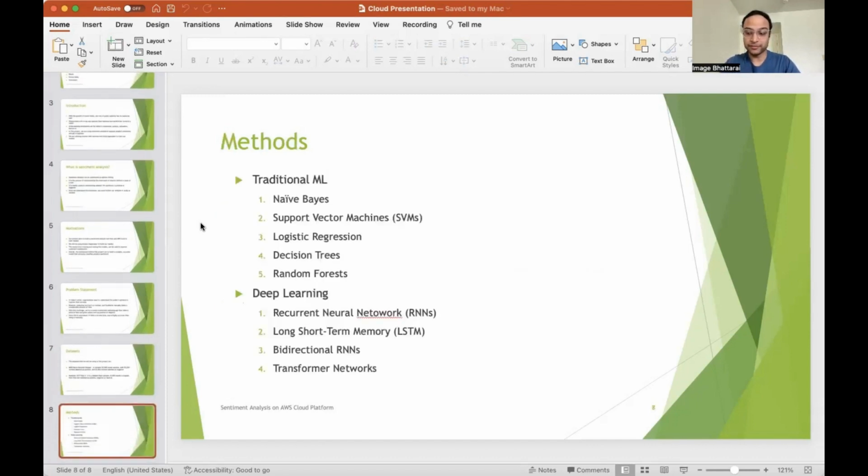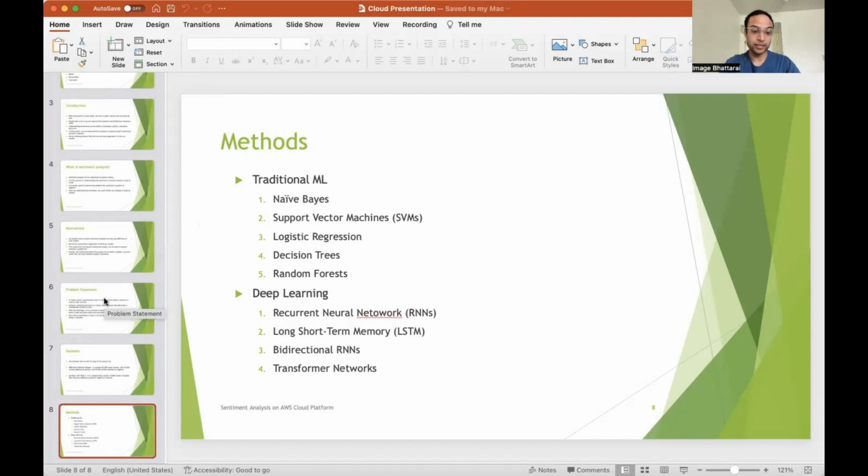The methods that we have used in this project, we have essentially used two models, like two methods. First, we have used the traditional machine learning model, and second, we have used the deep learning model. For the traditional machine learning model, we have used naive Bayes, support vector machines, SVMs, logistic regression, decision trees, and random forest.